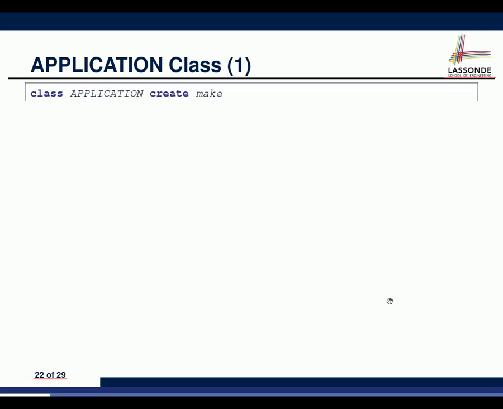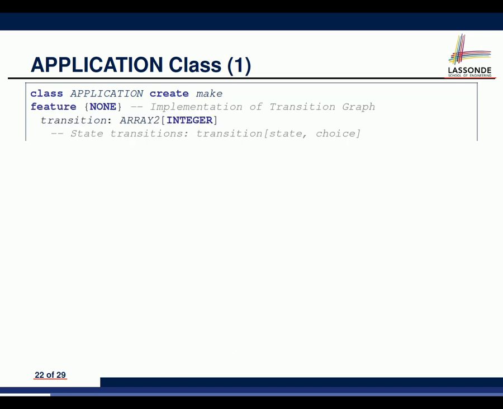So we're going to have a class called application, which has a constructor called make, and then we're going to have transition. So this is something that we reuse from solution number 2. That's the good part about solution number 2, which is separation of concern. So we do have a transition function just with integer, the 2-dimensional array, okay?